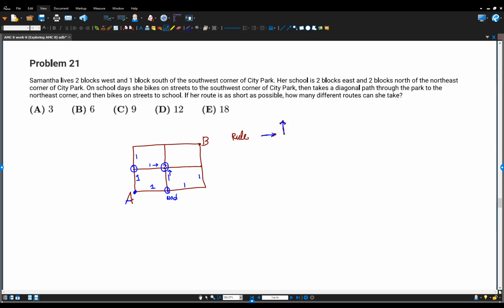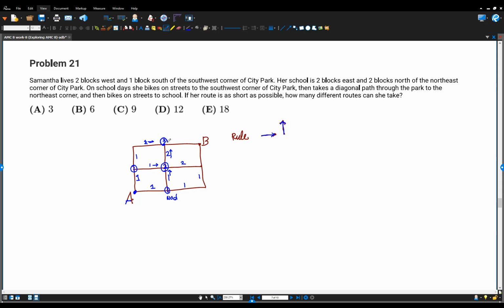But these 2 can go right to the east and to the north, right? So this is coming from 1 over here, and coming from 2 from the down over here. At this point, we have 2 numbers, 1 and 2. They're coming into the 3, right?